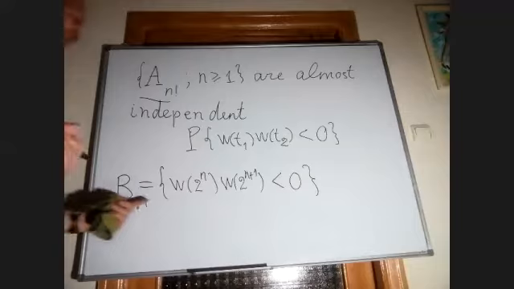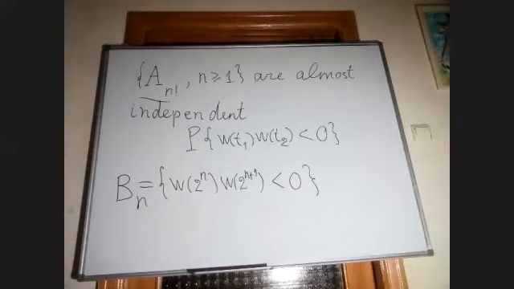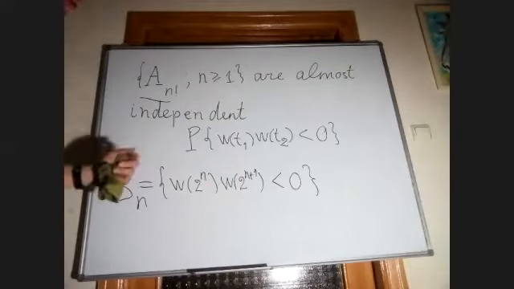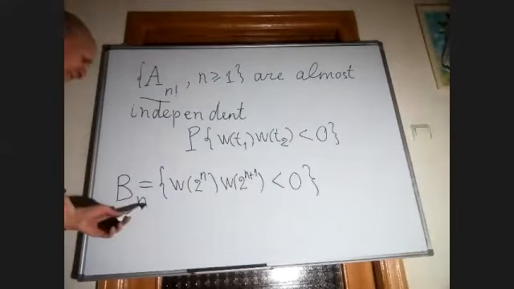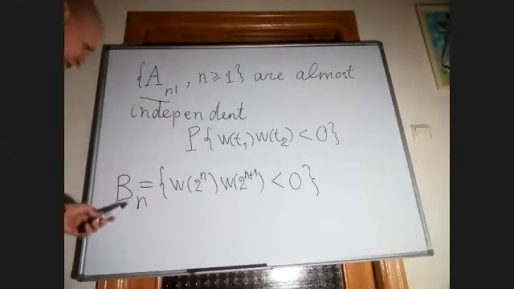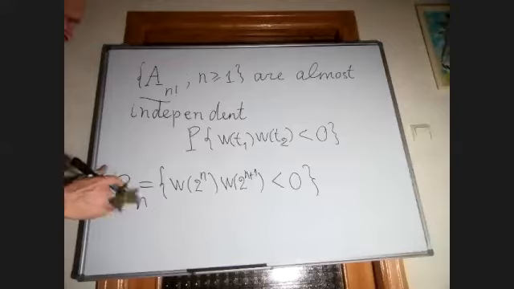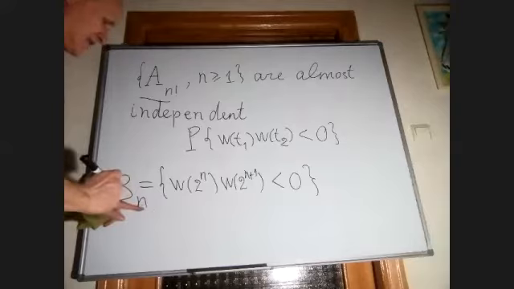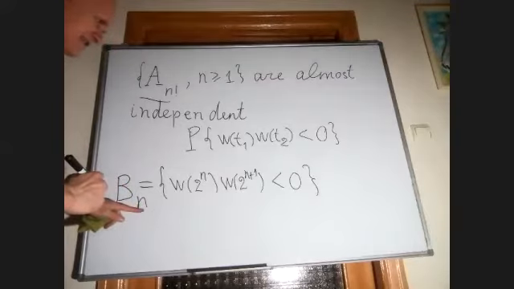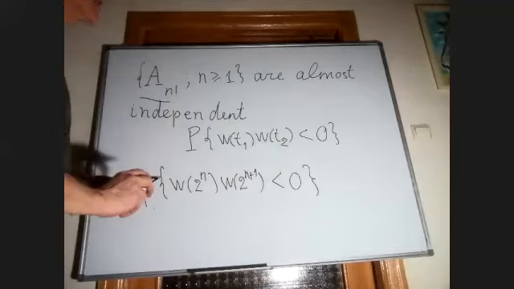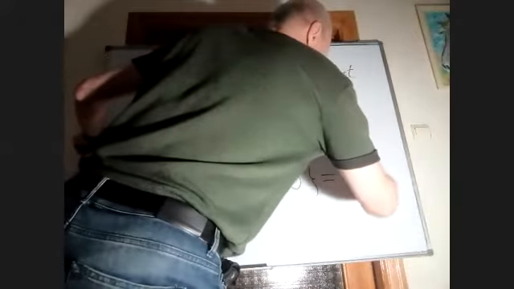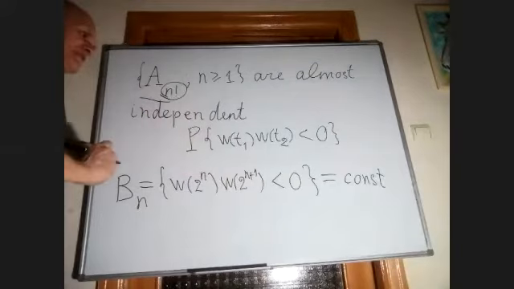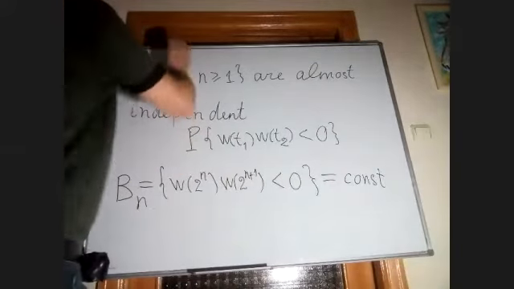Then such an event will have the same probability. Also, if we take not the whole sequence, but a very rapidly increasing index, then we have independence. So we can see that this is constant, and just recall this.